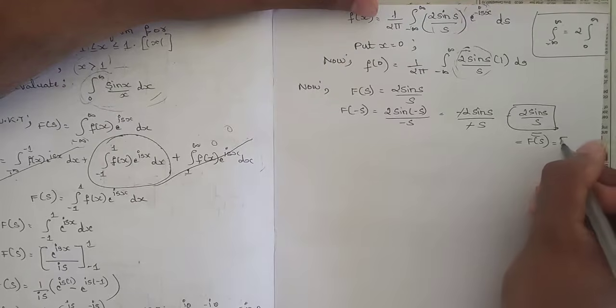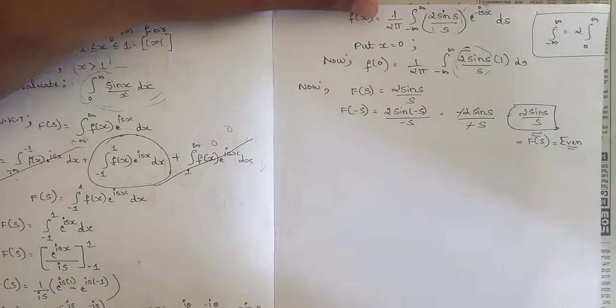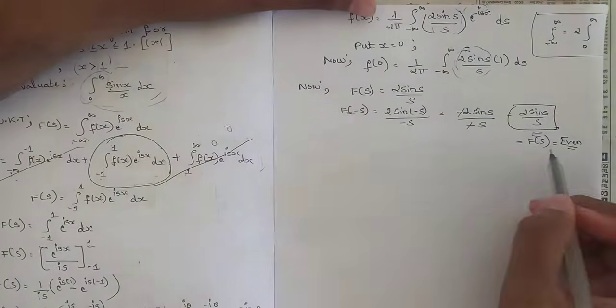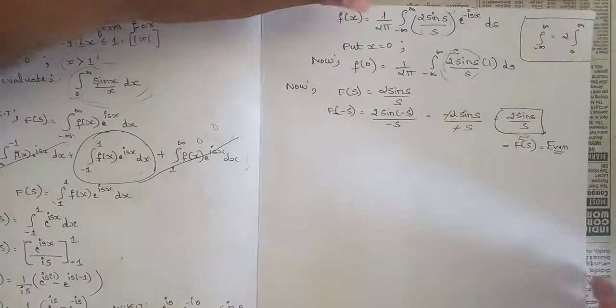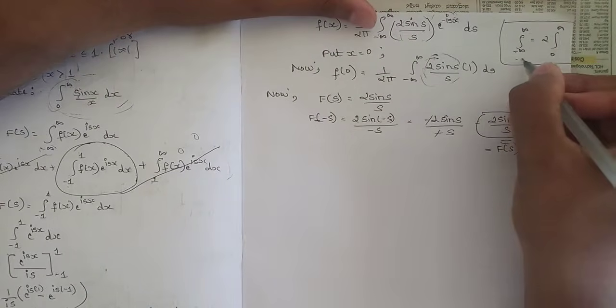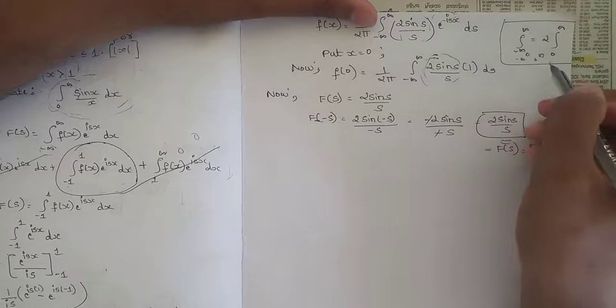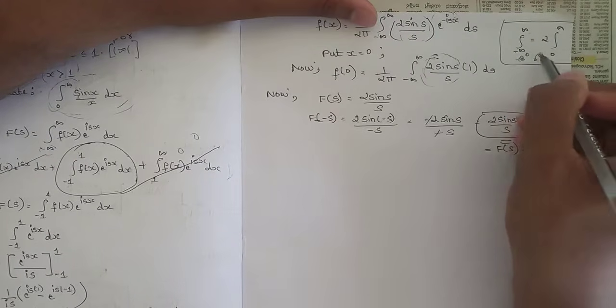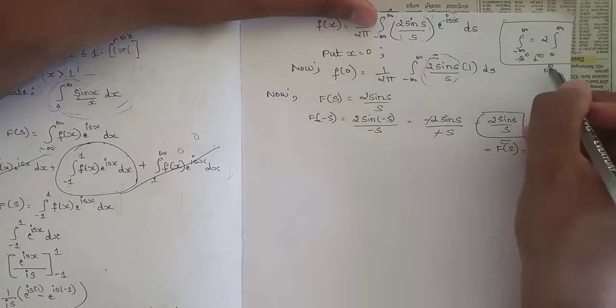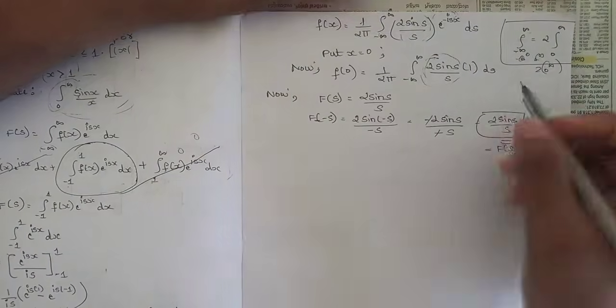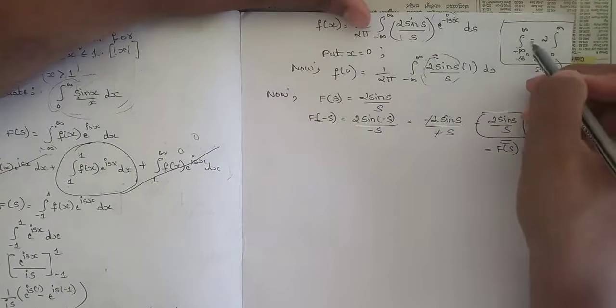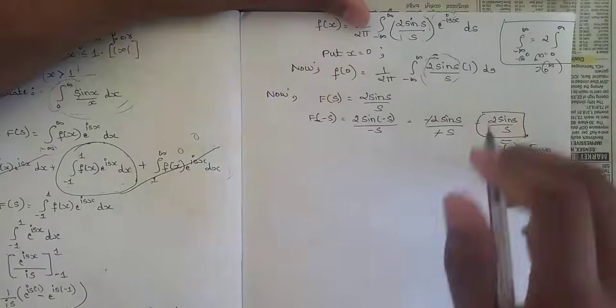So we can say that it is an even function, right? So f of minus s is equal to f of s, that is, the integral from minus infinity to 0 as well as from 0 to infinity gives the same value, so it becomes 0 to infinity twice. That's why we write minus infinity to infinity as 2 times 0 to infinity.